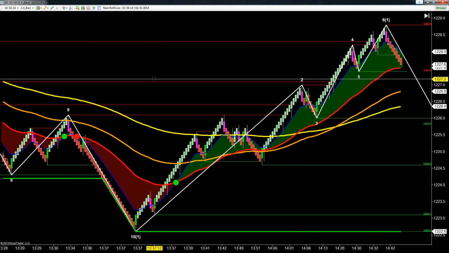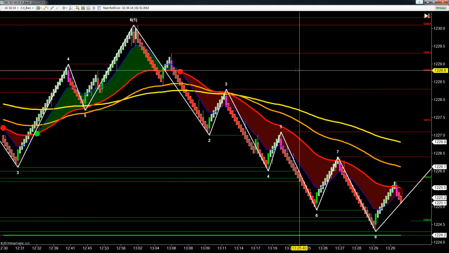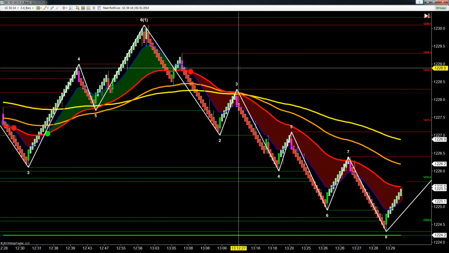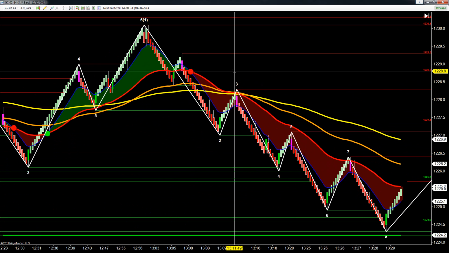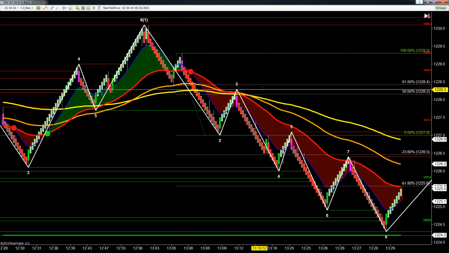Now, along with that, you can use Fibonacci in another interesting way in terms of getting clusters of Fibonacci. What that means is you'll have several different Fibonacci levels all lining up in the exact same place, showing you a little bit more of a probable area where you're going to see a reversal in price. As an example, let's look at this one. We move down.